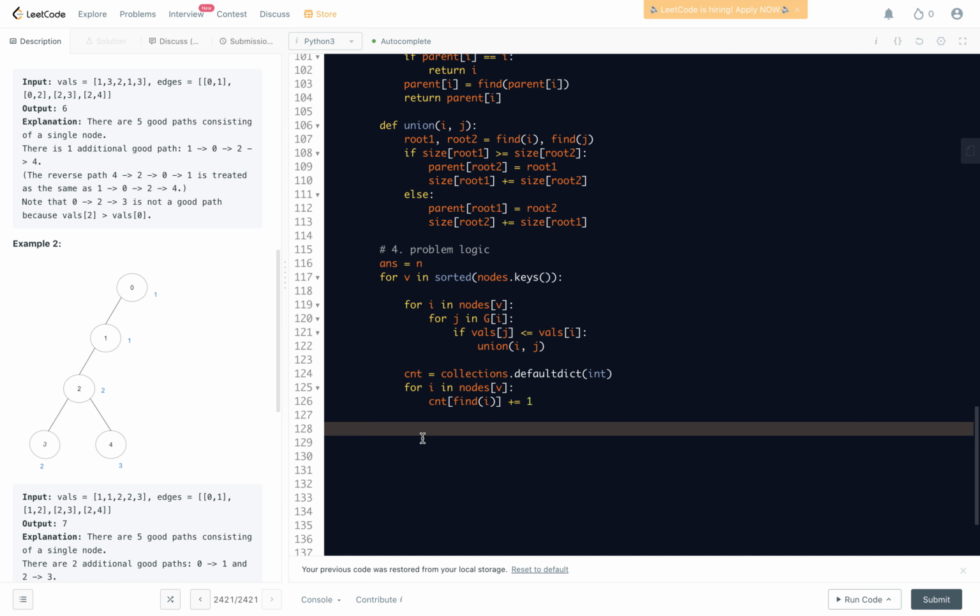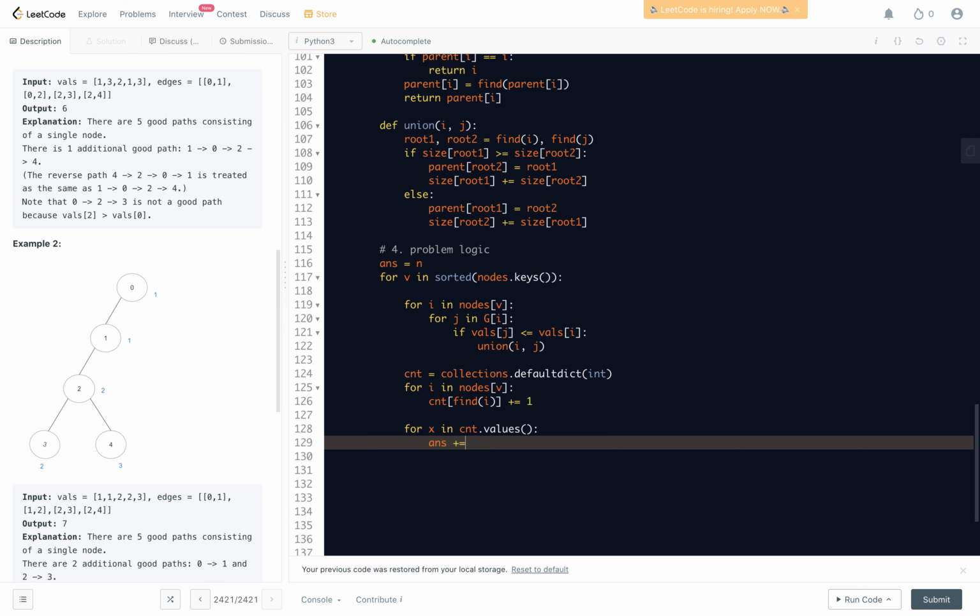Then afterwards, for each of the subtrees in the count, we are going to compute how many good paths we have, with two ends being value v and length at least 1.